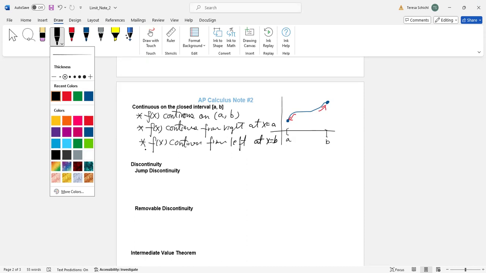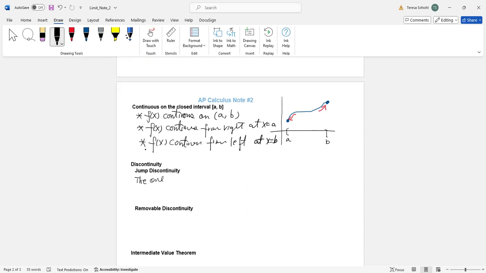We say f has a jump discontinuity when the one-sided limits exist but are different numbers. Basically, that means there is a gap.